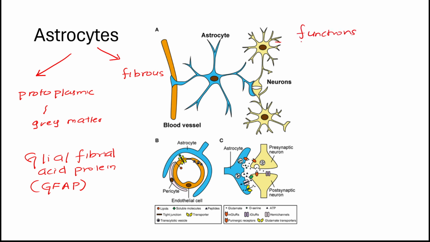And some of the functions that are carried out. As I said, these neuroglia provide support to the action of the neurons. For this support, there should be the maintenance of homeostasis, a constant internal environment.